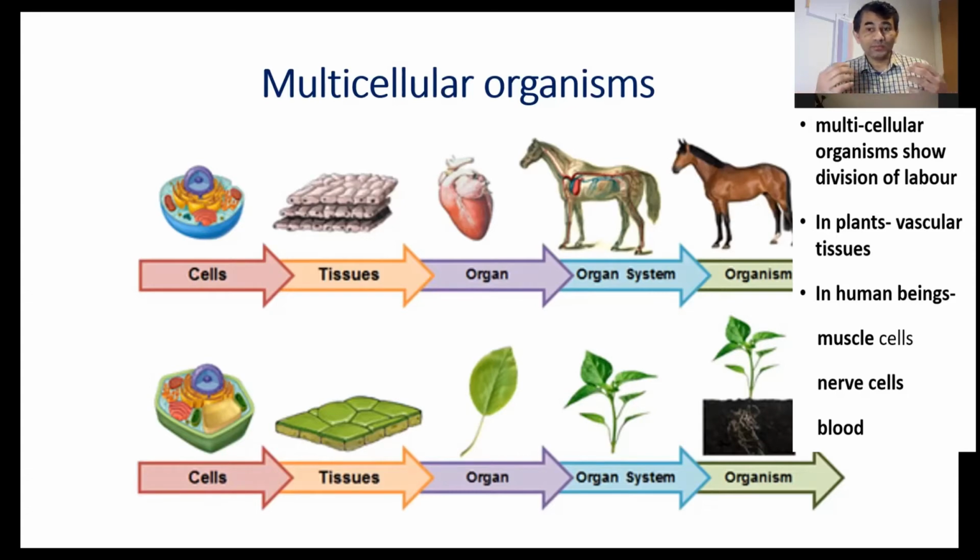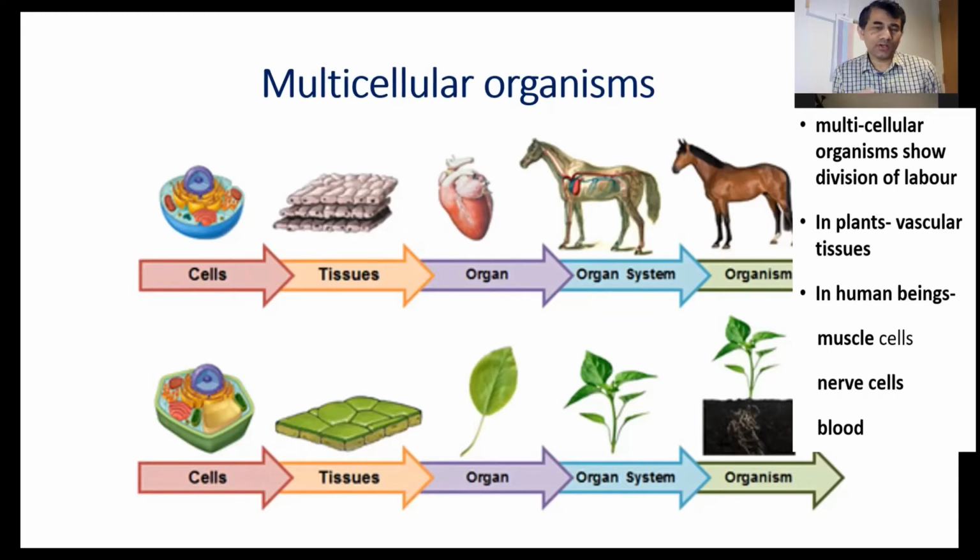We have a blood system. So there is blood which helps us to circulate gases, nutrition, and other substances from one part of the body to another part of the body. And in plants, you have the vascular system, which helps to conduct water and nutrition.